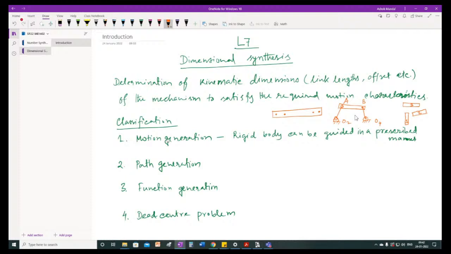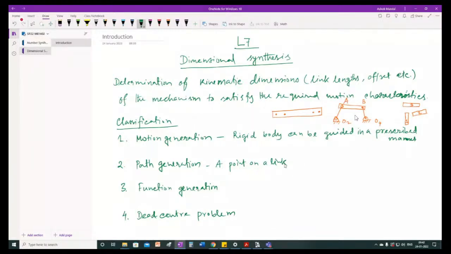In path generation, a point on a link is to be guided along a prescribed path.